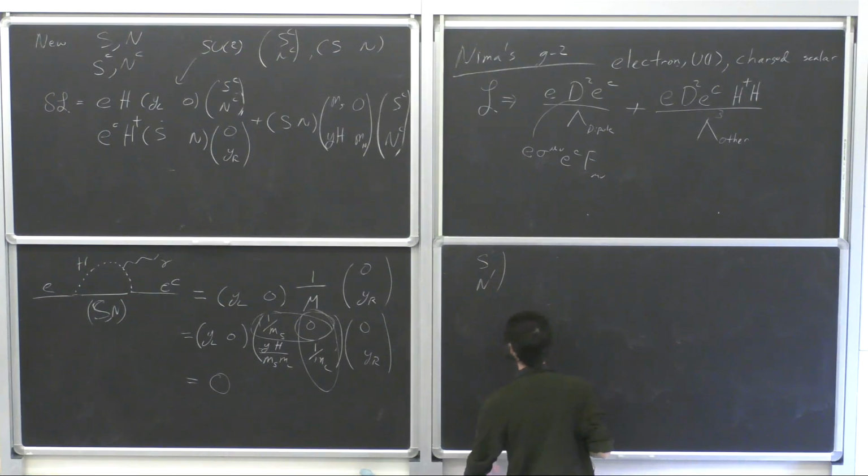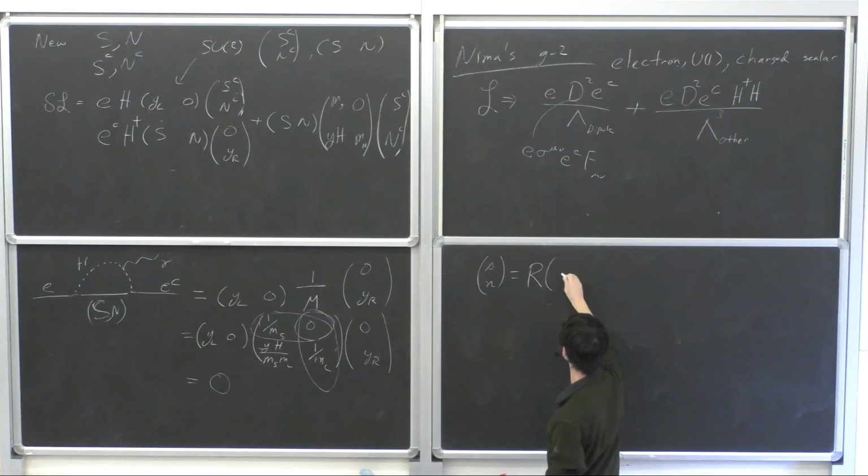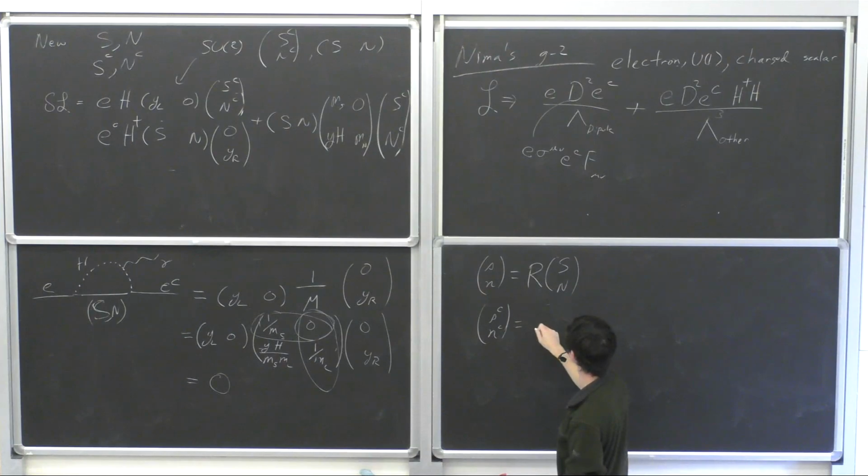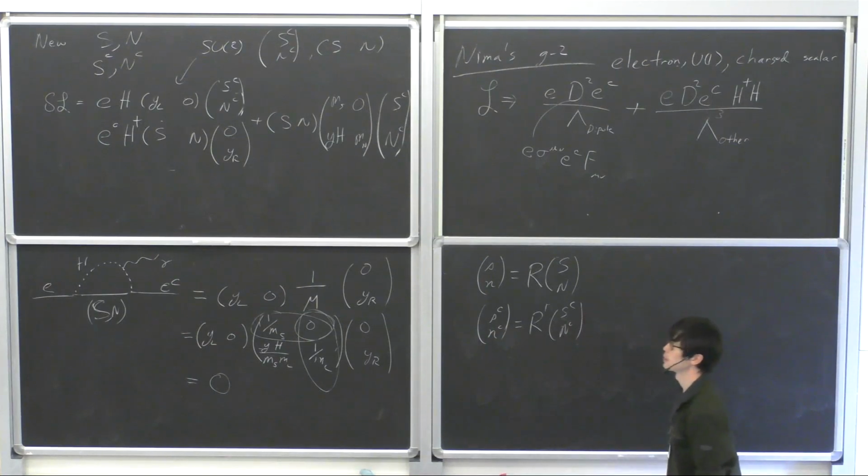Let's use little s's and little n's. S n is some rotation matrix times S n, and the same thing for their conjugates. Oh wow, my cursive s's look a lot like rows. Some other rotation, prime, S conjugate, and conjugate. And then what do we get? This diagonalizes the mass matrix.